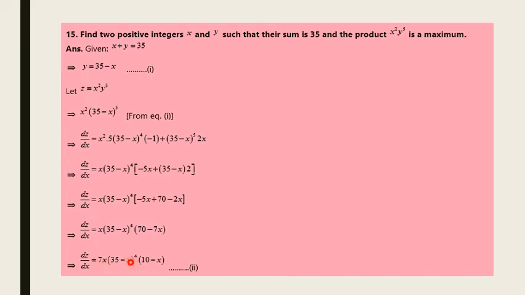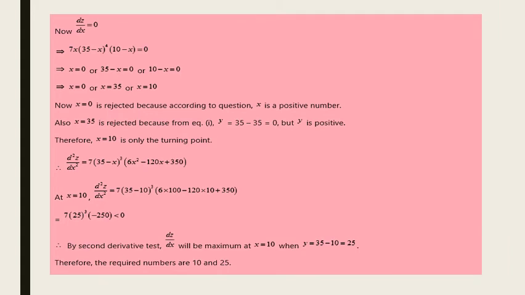So equate with 0, then which are the x values? x is equal to 0, x is equal to 35, x is equal to 10. So we got 3 x values.